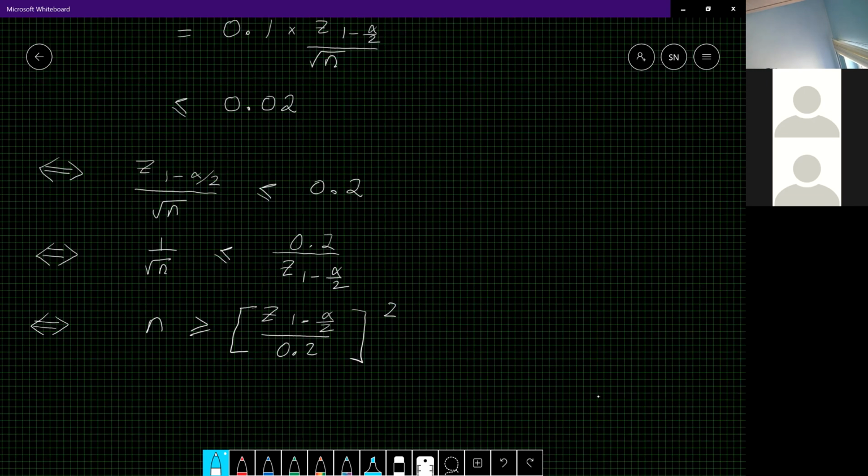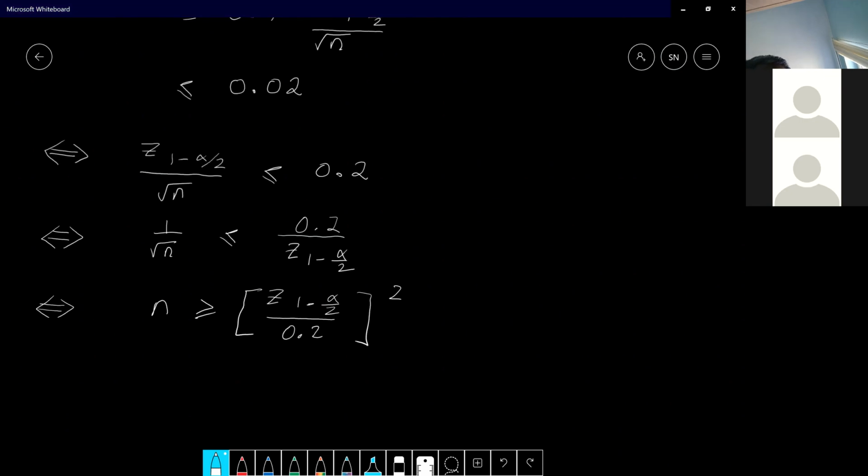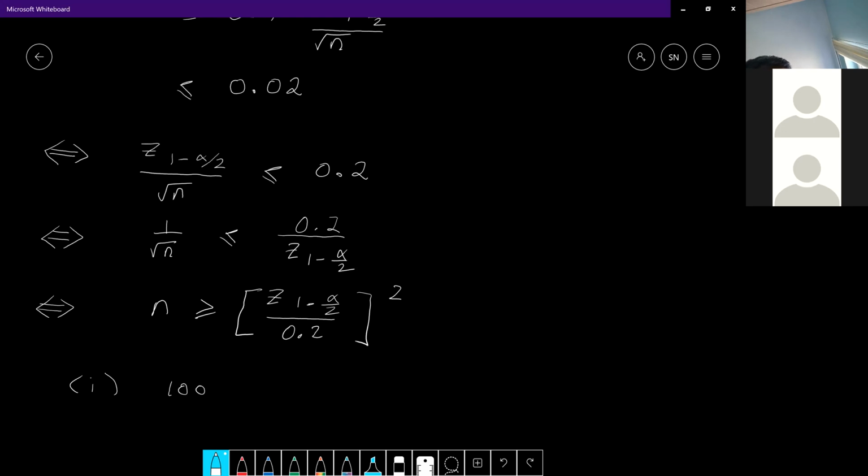Now let's answer the question. The first part, we are assuming that we want a 95% confidence interval. So in other words, we want 100 times 1 minus alpha to be 95, which implies, of course, that alpha must be 0.05.